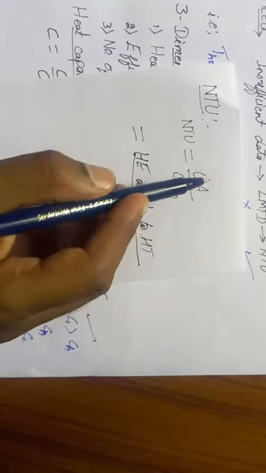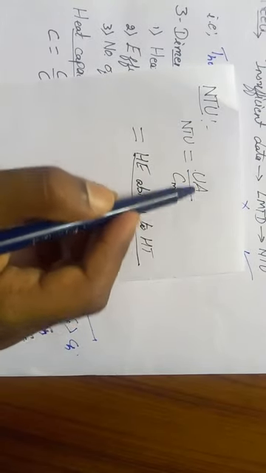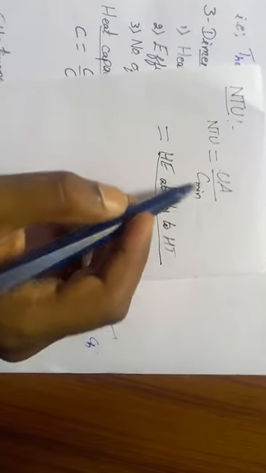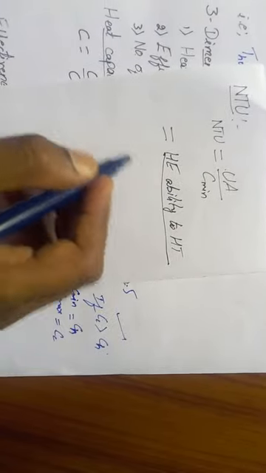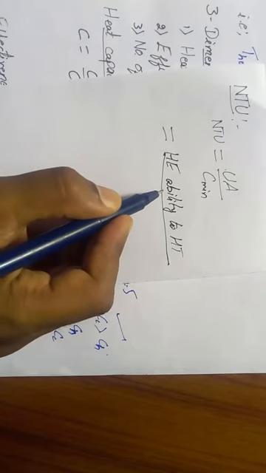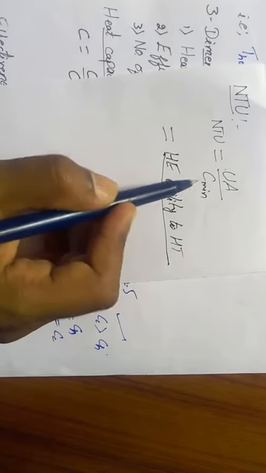U is the overall heat transfer coefficient and A is the area. If I multiply these two, I get the total value of Q. So that's the ability of that heat exchanger. Now C min: forget about min for a moment.